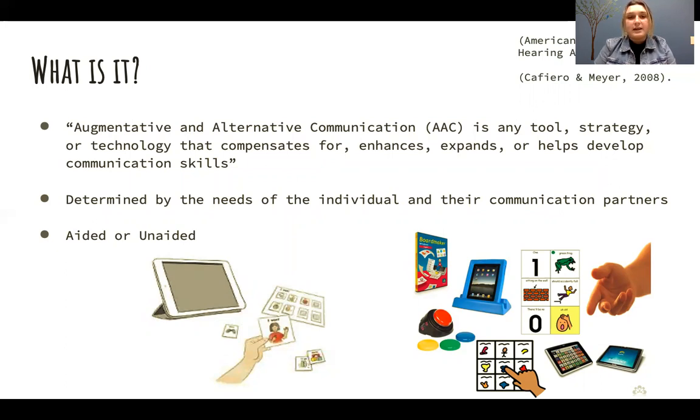And alternative communication is when you substitute your speech for something else, so like sign language. AAC is used by people who cannot rely on their verbal speech some or all of the time. And the type of AAC system that is chosen is determined by the needs of the individual and their communication partners. And there are two types of AAC systems, and they are either aided or unaided.